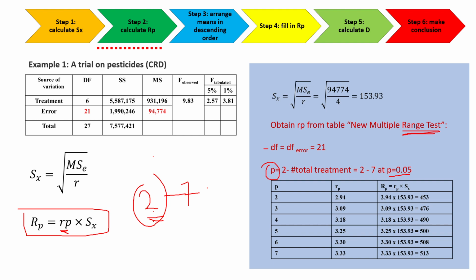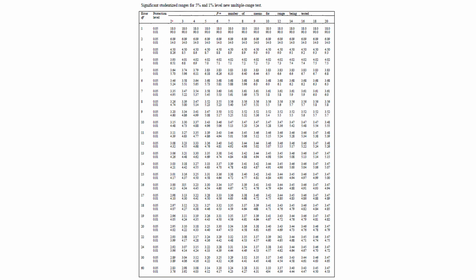So how do we refer to the table? It will be the degree of freedom of error over here, which is 21. So 21 is here. And refer to the p number, the number of means for range being tested, from 2, so the lowest is 2, to 7.